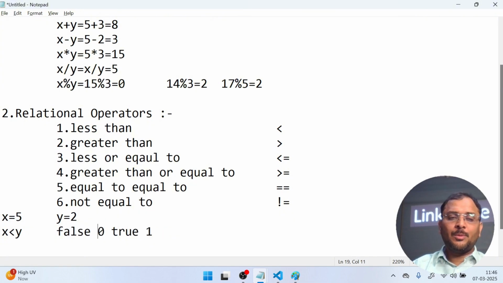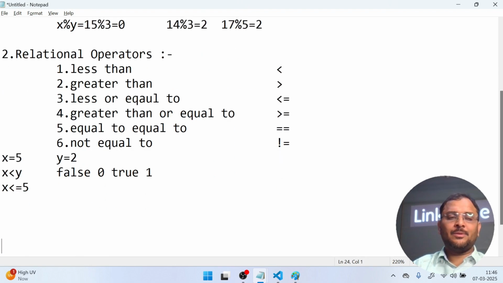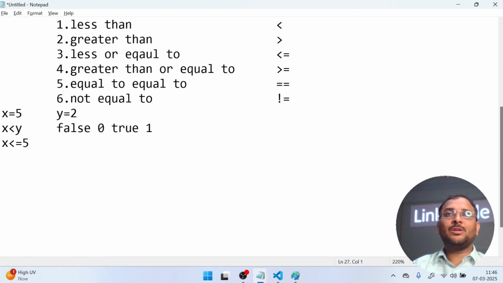Suppose the next one is x is less than or equal to 5. The value of x is right now 5, which is not less than 5 but it is equal to 5. So the condition is again true.